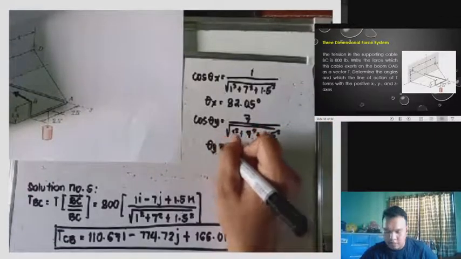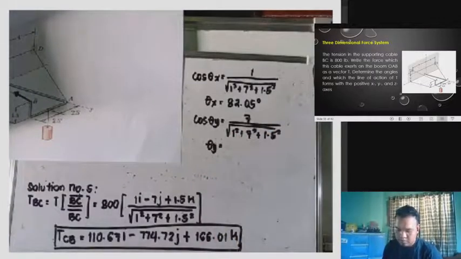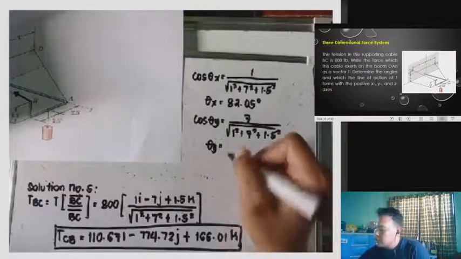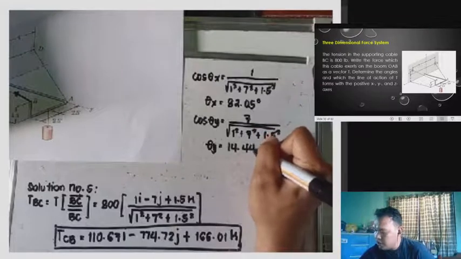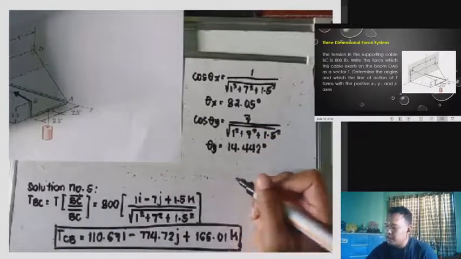Therefore, theta y is equivalent kay arc cosine 7 over square root ni 1 squared plus 7 squared plus 1.5 squared equals 14.442 degrees. Okay, so check natin mamaya.